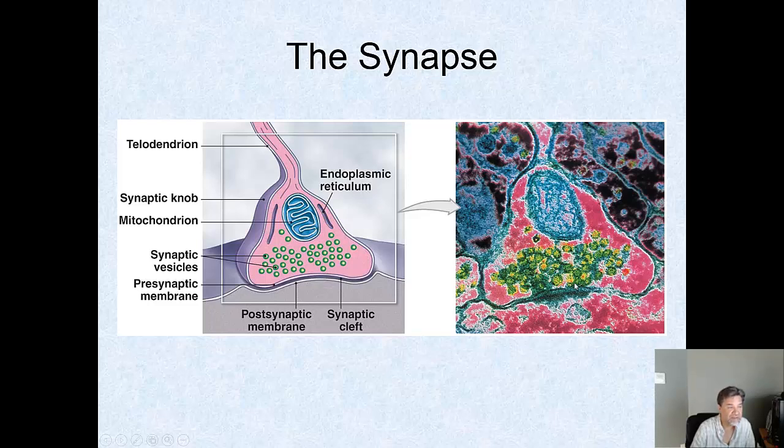And you can see how the vesicles are going to congregate in a certain area, and that area just happens to be across from where all the receptors are located on the postsynaptic membrane. This is the highest density. So the vesicles will tend to be transported or chaperoned right into this region of the presynaptic terminal.